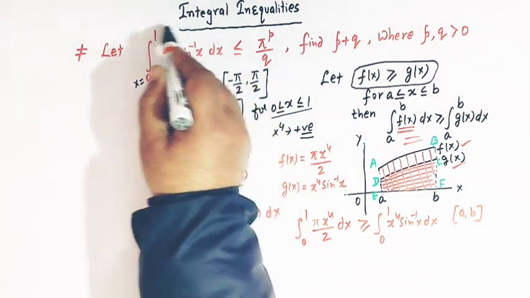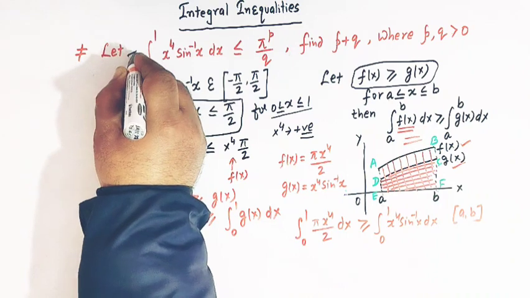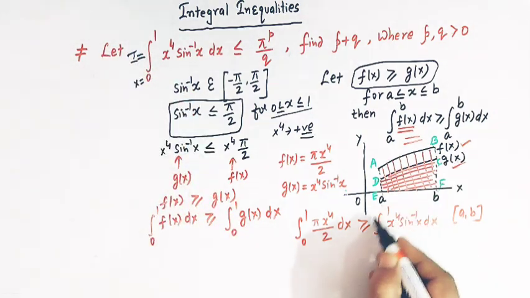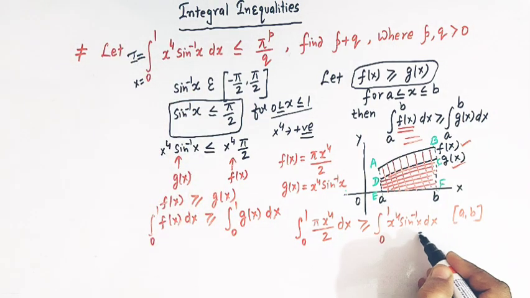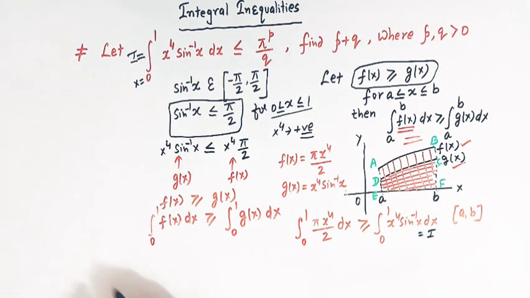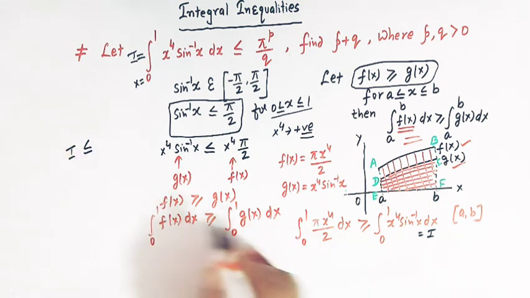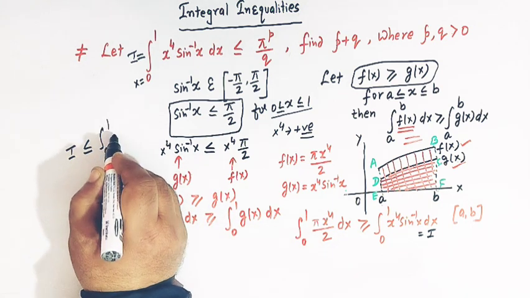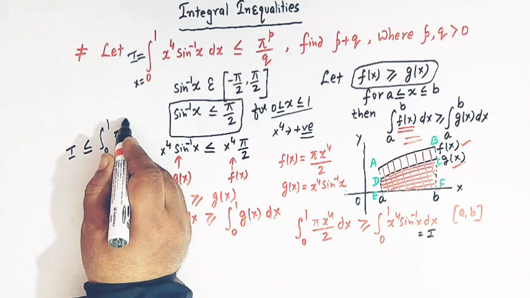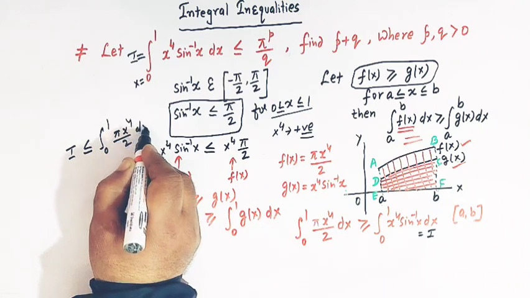Now if we take this integral as I, then we have I less than or equal to the integral from 0 to 1 of pi x raised to 4 divided by 2 dx.